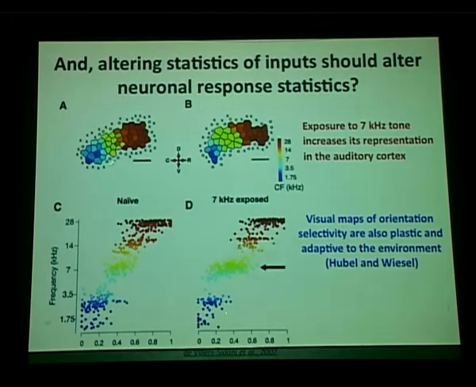You can see that this is much smaller, and here the green is much larger. So it's a much more sense-specific modulation paradigm, where you alter the statistics and see if the neurons match this altered representation scheme.